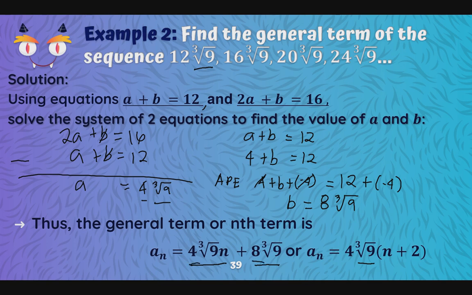So, mag-extract tayo ng 4 cube root of 9. Itong 4 cube root of 9 n divided by 4 cube root of 9, n na lang matitira. Samantalang ang 8 cube root of 9 divided by 4 cube root of 9, 2 ang matitira. So, the final answer will be A sub n is equal to 4 cube root of 9 times quantity n plus 2.